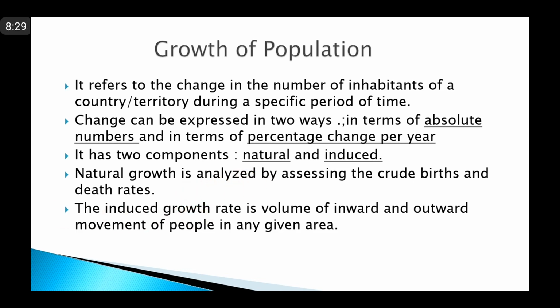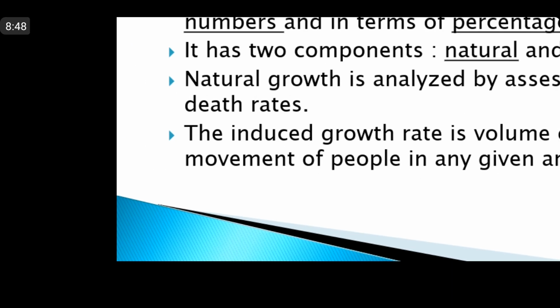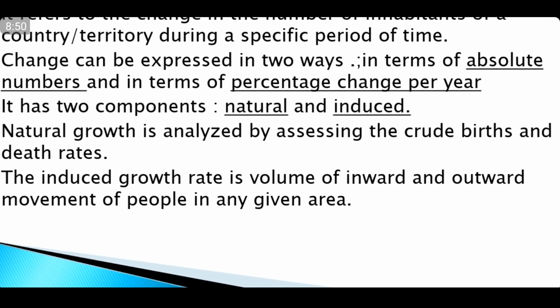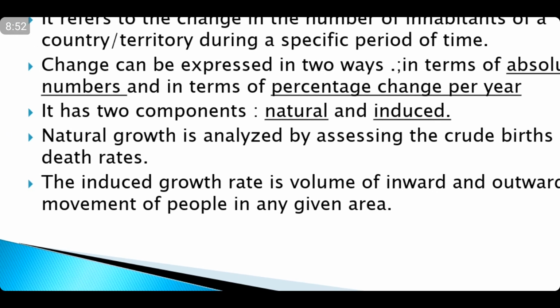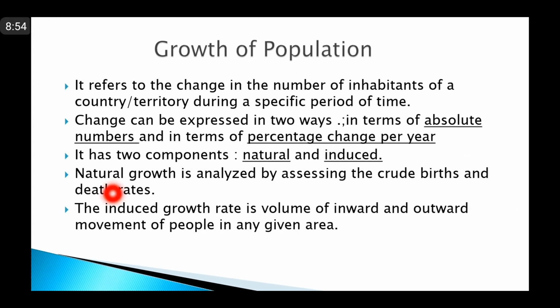Now, birth rate, if you are asked to define it, is the number of live births per thousand, isn't it? And death rate is the number of deaths per thousand. That is what the birth and death rates are. Now, the induced growth rate is the volume of inward and outward movement of people in a given area.